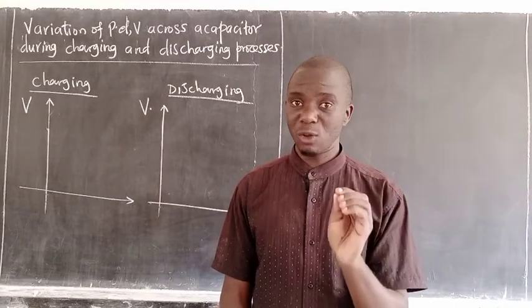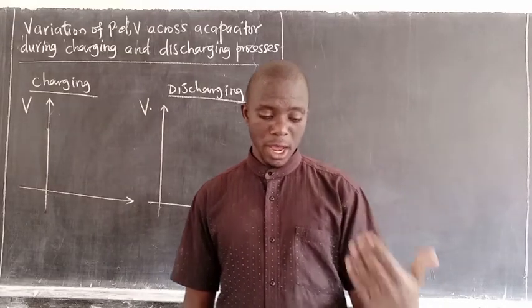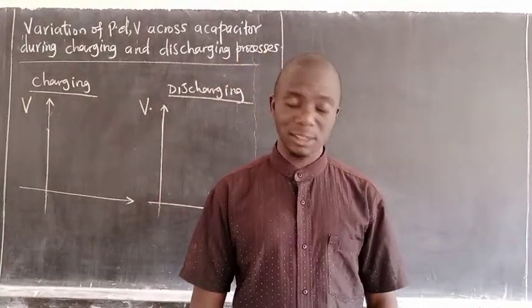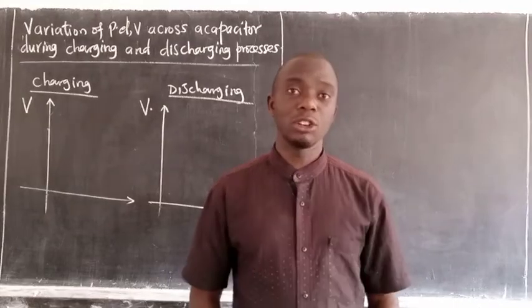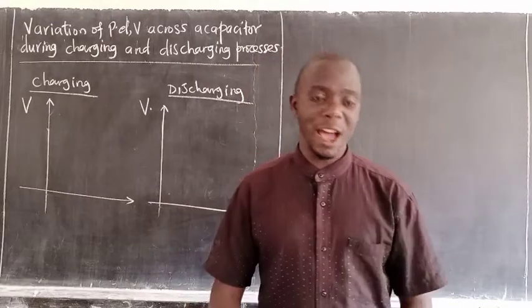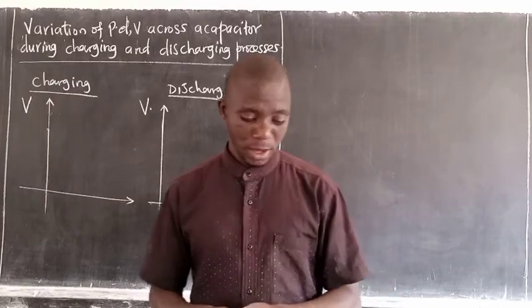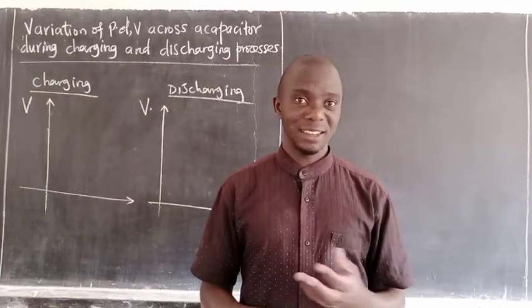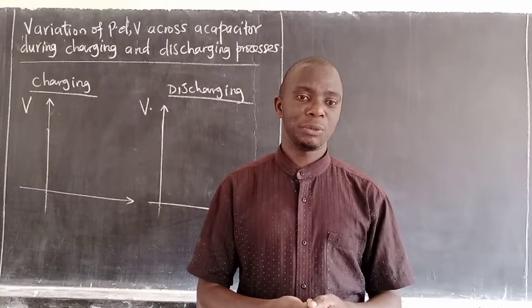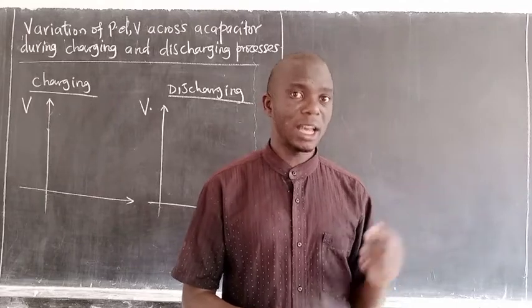And we want to continue and look at that charging and the discharging now, because we said that during the charging process, when a battery is connected across the capacitor plates, as you saw yesterday, electrons move from the negative terminal of the DC supply and accumulate on one of the plates, making it negatively charged, as electrons also move from the other plate to the positive terminal of the battery, leaving the other one positively charged.